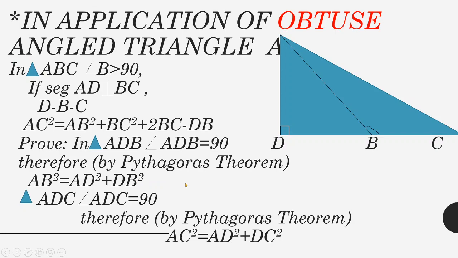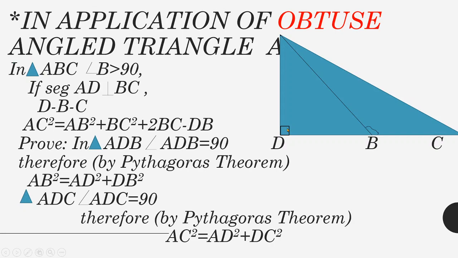This is equation 1. In triangle ADC, D is 90 degrees. First we saw triangle ADB, this smaller triangle. Now we are going to see triangle ADC, this bigger triangle.